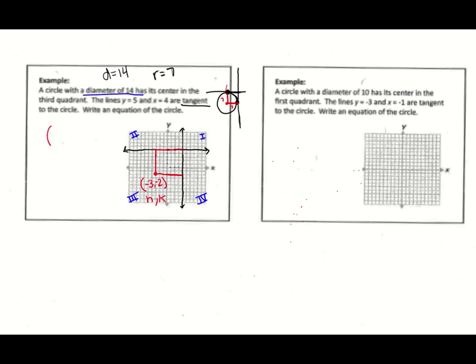Got (x minus negative 3) and (y minus negative 2) is equal to 7 squared. So simplify, that's really (x plus 3) squared plus (y plus 2) squared, and that equals 49. That is my equation of the circle. Didn't mean to cross that off here.